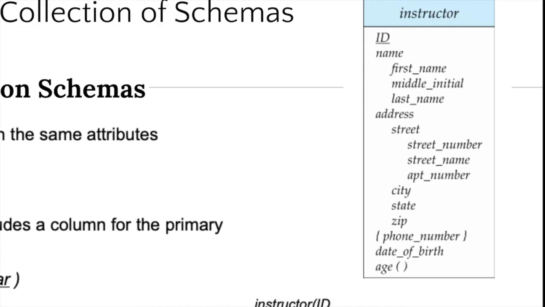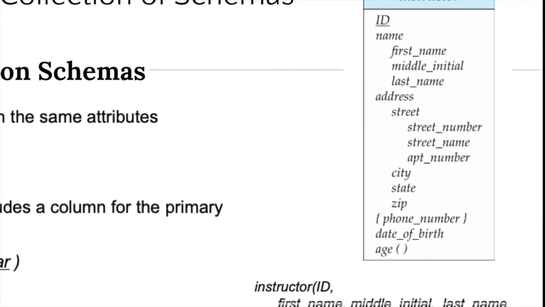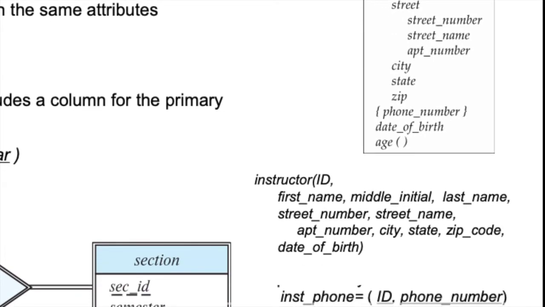So one method is to just remove the internal nodes of the parang hierarchical tree that was shown a while ago, or just create a name that uniquely identifies all of the leaf. So for the first name, we have name underscore first name underscore middle initial, and so on. So medyo hahaba lang yung attribute name natin if we will use that convention. The other convention is just list the leaf.